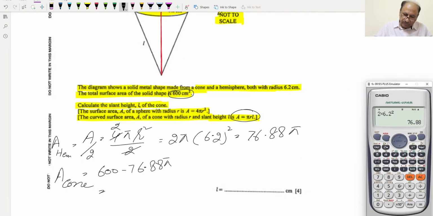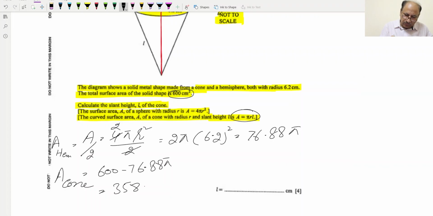This will be 600 minus 76.88 and pi, and this is equal to 358.47. This will be centimeter square.